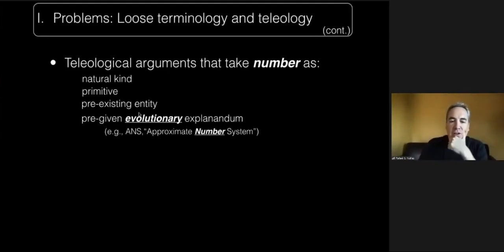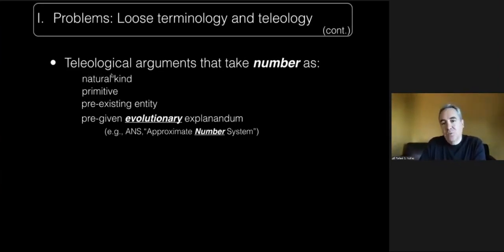Some scholars have said, for example, Andreas Nieder has said that number really is a natural kind, that we should consider it as a primitive, pre-existing the organism, in this case humans or corvids or any organism that you're studying. That is a problem that has a teleological flavor, in the sense that we're trying to explain something in terms of the utility and ubiquitousness that we see it in today.